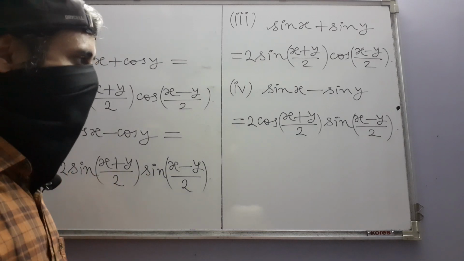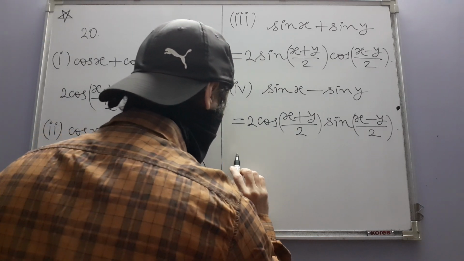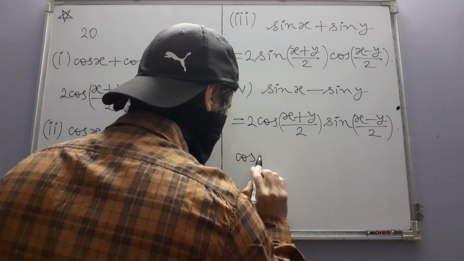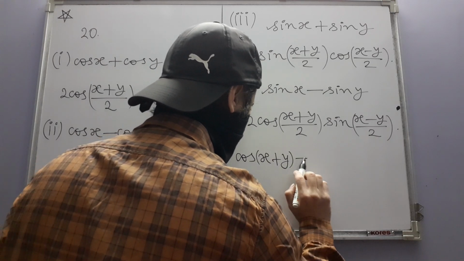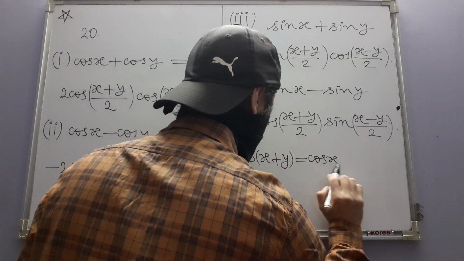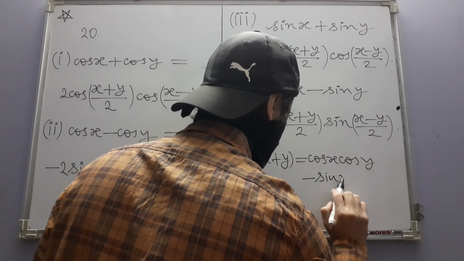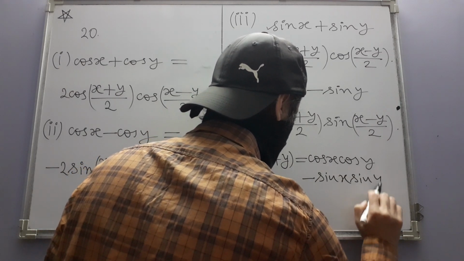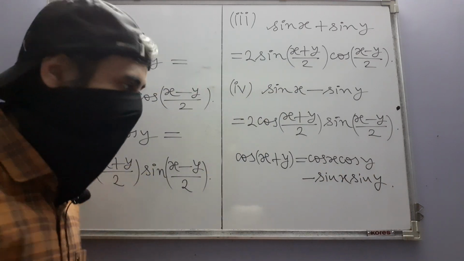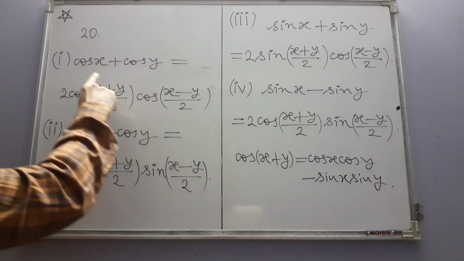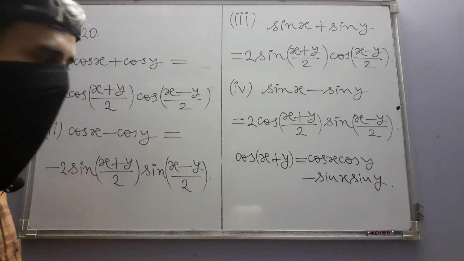Do you see where this is all coming from? You recall the formula for cos of x plus y. This is cos x cos y minus sin x sin y. So when it comes to cos, whether it's plus or minus, that's a different matter, okay.